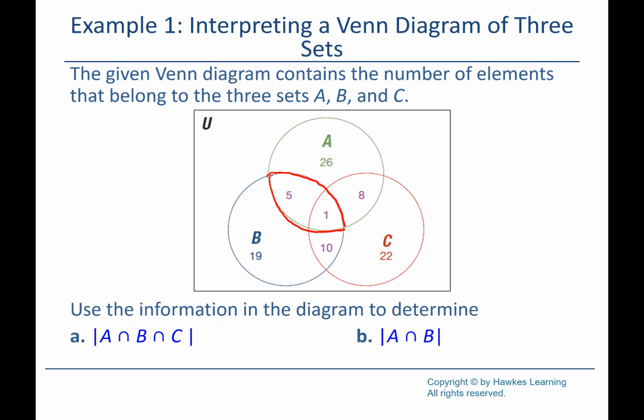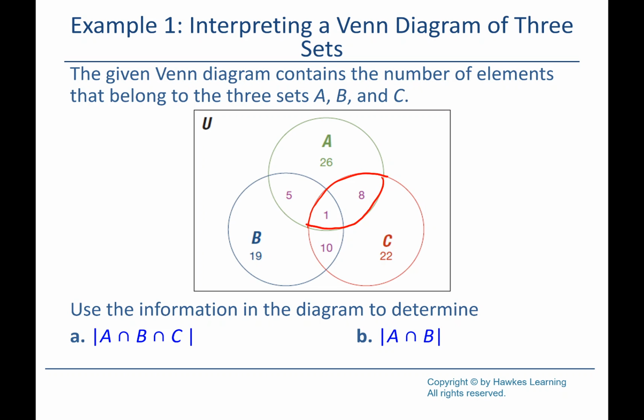Let's look at the next. The next thing says, how many elements do we have in A intersect C? So where A and C overlap, how many do we have there? 9, because that would be A and C overlap there.